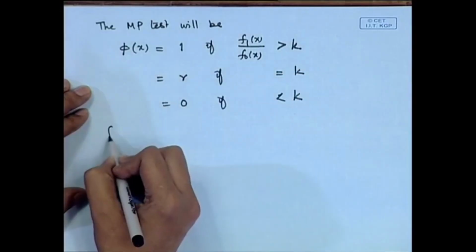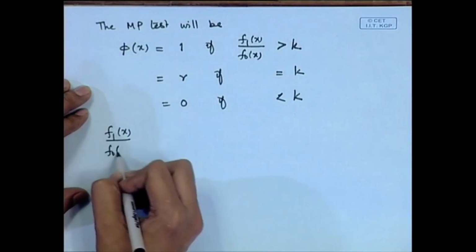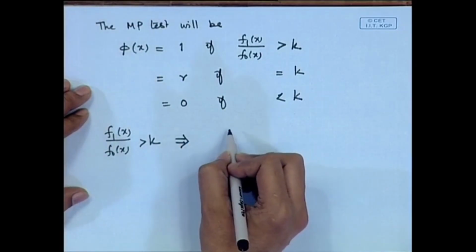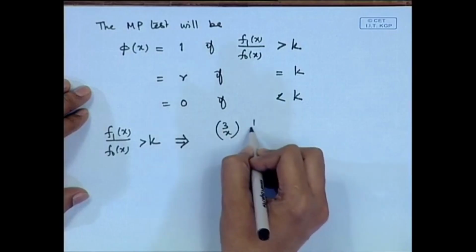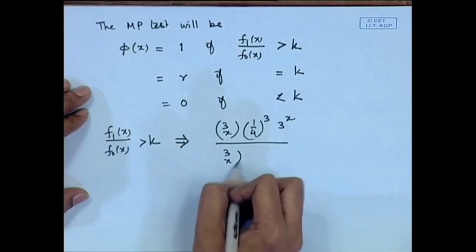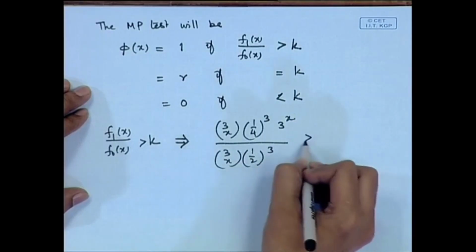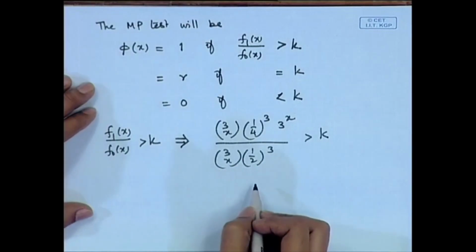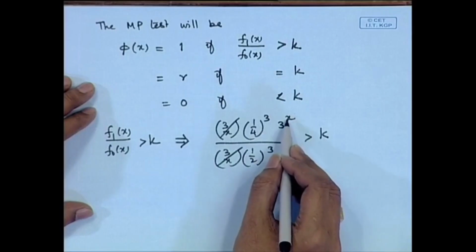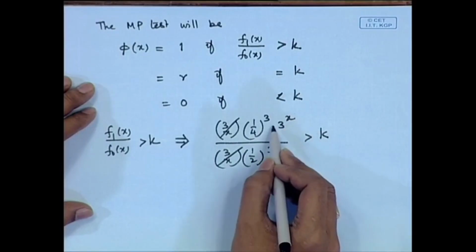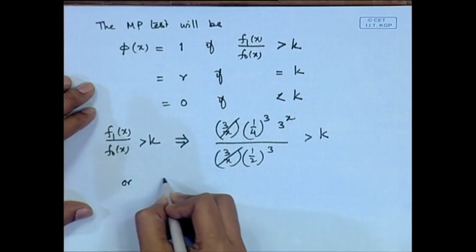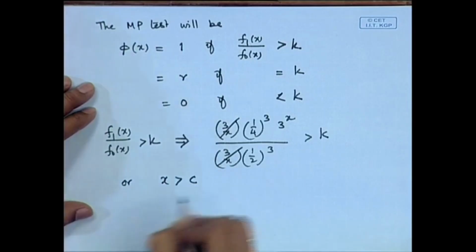So, let us write down this condition that f 1 x by f naught x is greater than k: 3 c x, 1 by 4 cube, 3 to the power x, divided by 3 c x, half cube, greater than k. So, this term cancels out, this is some constant, and if I take logarithm here, then this will become x log 3 greater than some constant. So, we can say x is greater than some c.